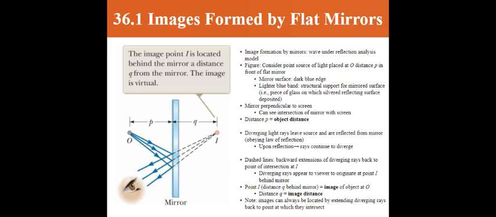It appears then that the reflected rays are coming from a direction behind the mirror. So you can actually draw some dashed lines to where the reflected rays appear to emerge from, and you'll see that they would theoretically intersect behind the mirror.